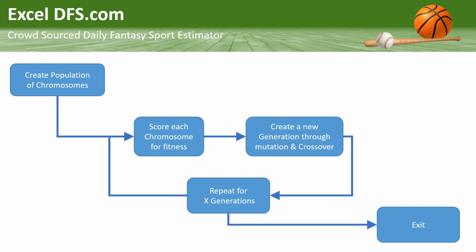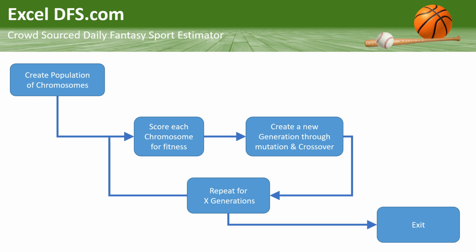So this schematic here represents the genetic algorithm process. The genetic algorithm is modeled on biological processes, on the Darwinian theories of evolution, specifically survival of the fittest. We have a population of chromosomes competing against each other.